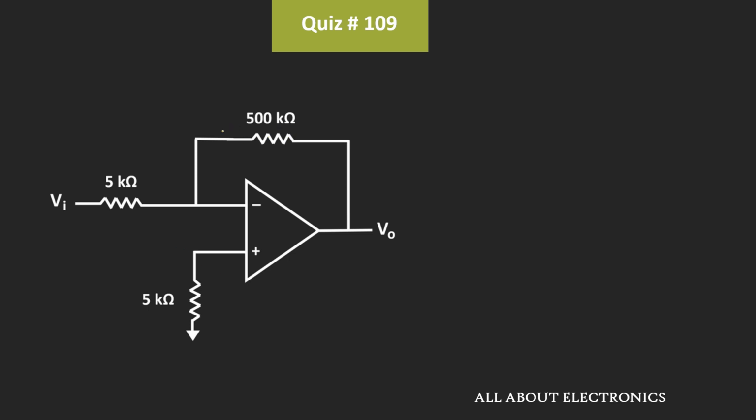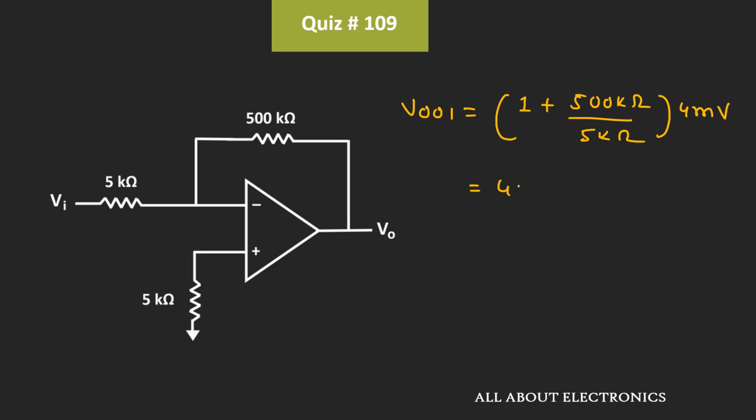Here this feedback resistor is equal to 500 kilo ohm while this resistor R1 is equal to 5 kilo ohm. That means the output offset voltage because of this input offset voltage is equal to 1 plus 500 kilo ohm divided by 5 kilo ohm times 4 millivolt. That is equal to 404 millivolt.